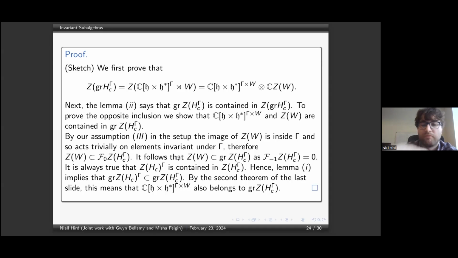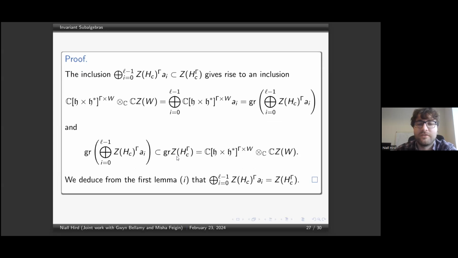Well, technically it's hidden in the proof. So it's this polynomial ring here times the group algebra of the center of the group, which is exactly what we want to end up with. So both sides of these are equal. So this inclusion must actually be an equality, and we get the proof of the theorem.